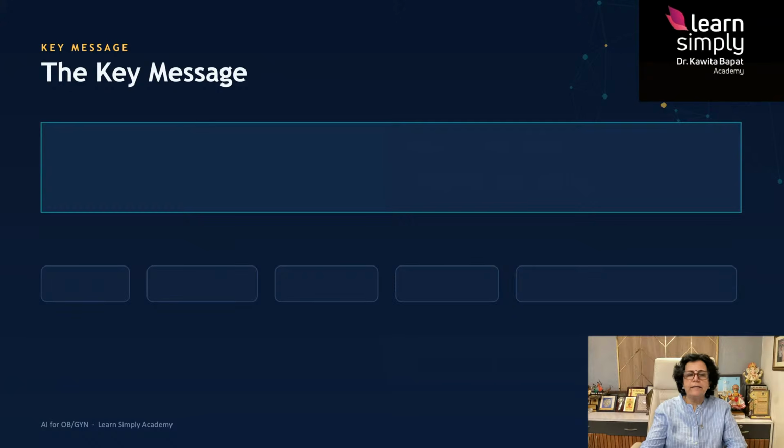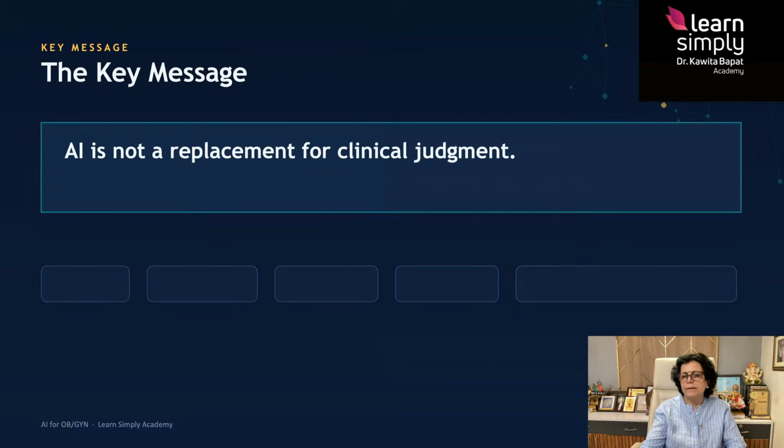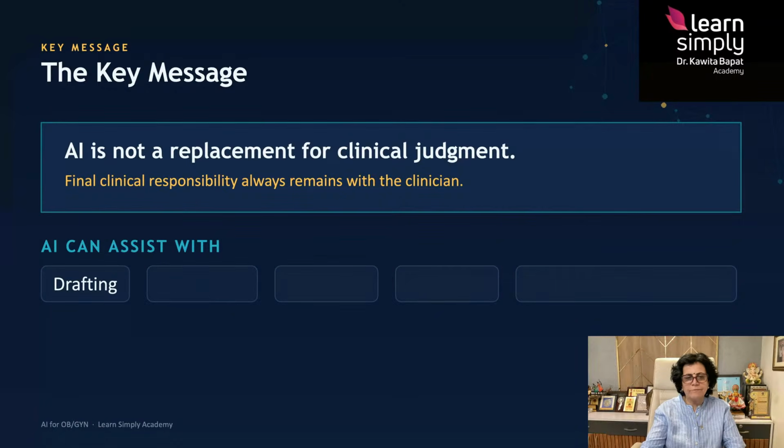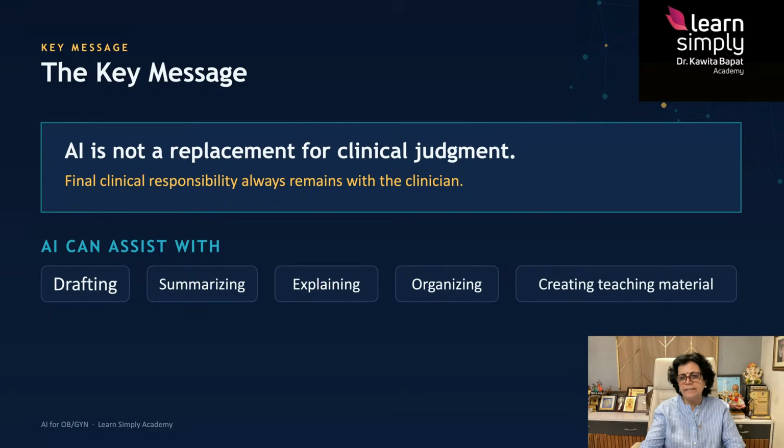The key message is that AI is not a replacement for clinical judgment. Final clinical responsibility always remains with the clinician. AI can assist us with drafting, summarizing, explaining, organizing, and creating teaching material.